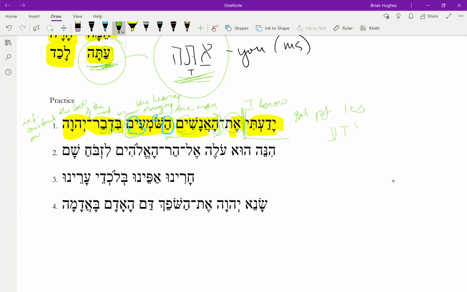Am I dealing with a construct? A noun in construct. Yeah, so this is word of. We also have some maqef to tell us we're in the construct, and then we have the divine name, which is counted as definite. So this would be, I know the men who are obeying the word of the Lord.